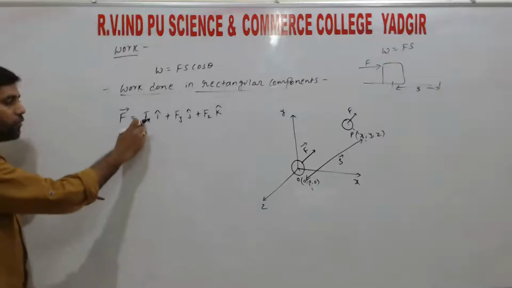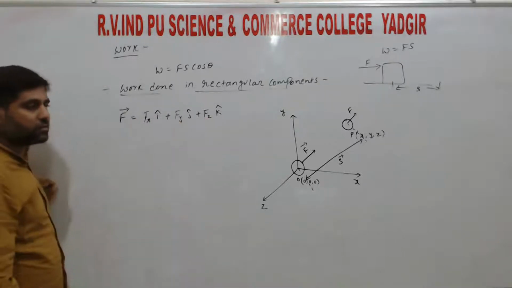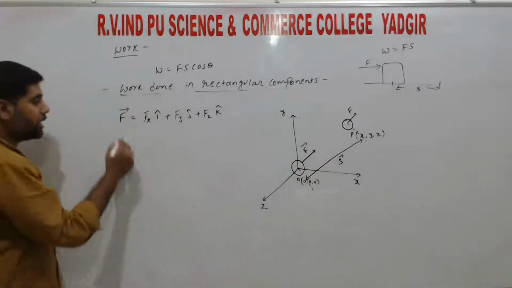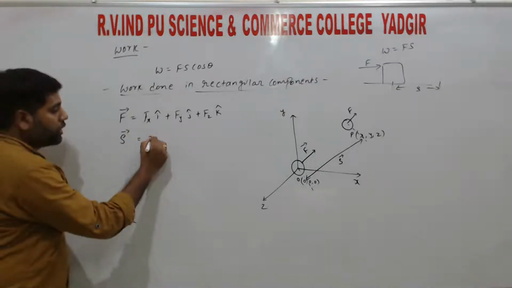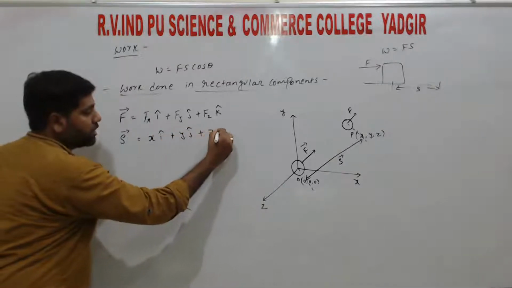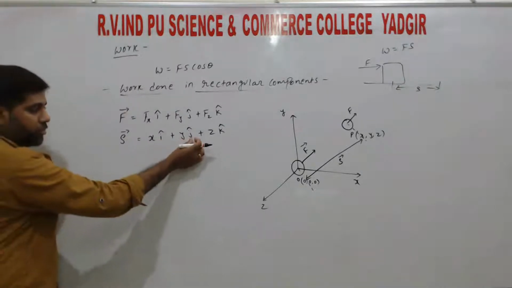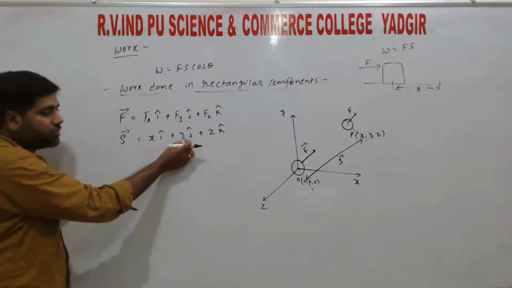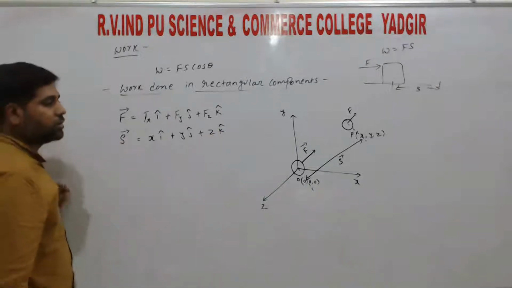This is the force along the x-axis, the force along the y-axis, and the force along the z-axis. Displacement is also in space, and displacement S is also a vector: x i cap plus y j cap plus z k cap. Each has a magnitude and direction. x is the magnitude along the x-axis, y along the y-axis, and z along the z-axis.